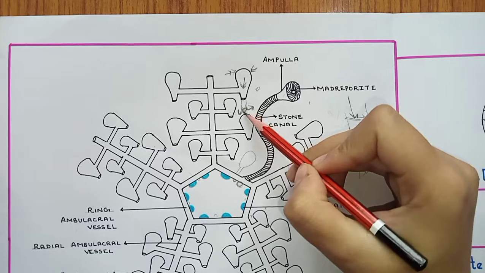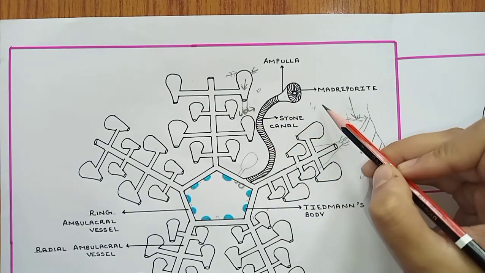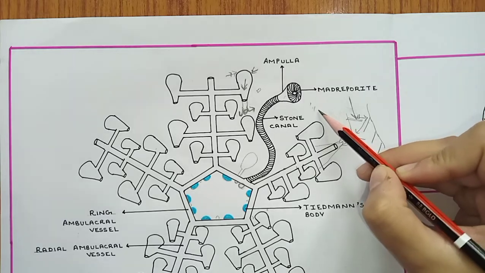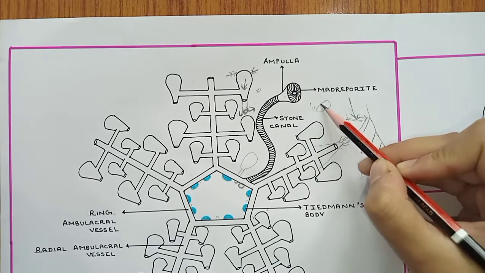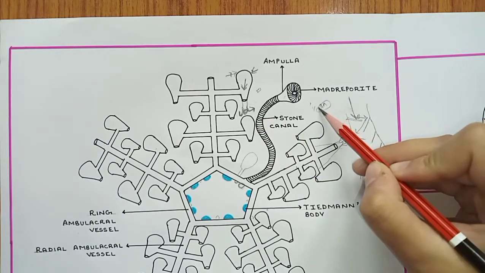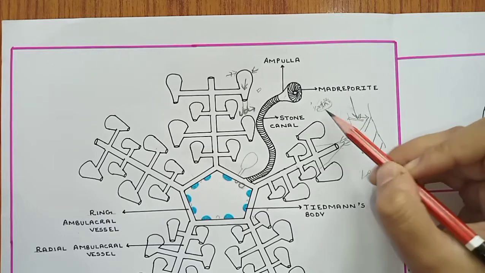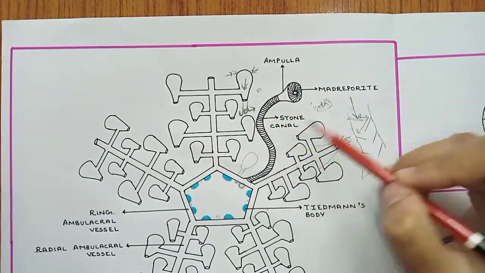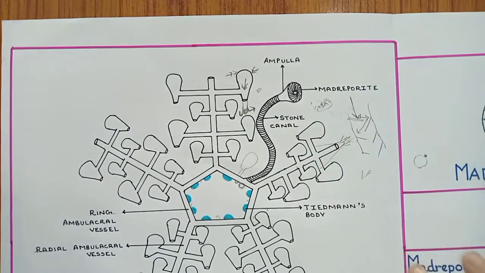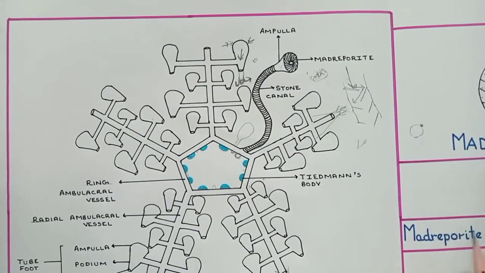For example, if there's an organism with a shell, these suckers break down this shell. They make this shell soft and help the organism to feed upon the shell. So these are some of the functions of the tube feet.